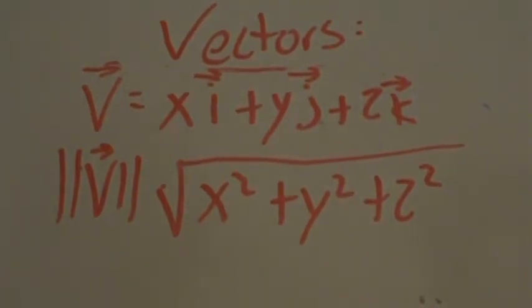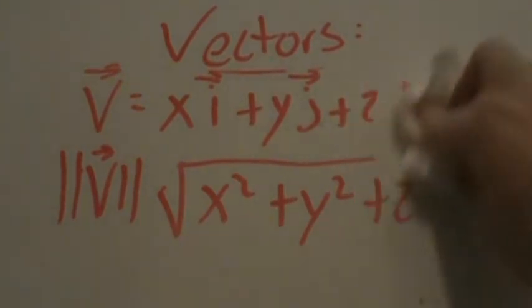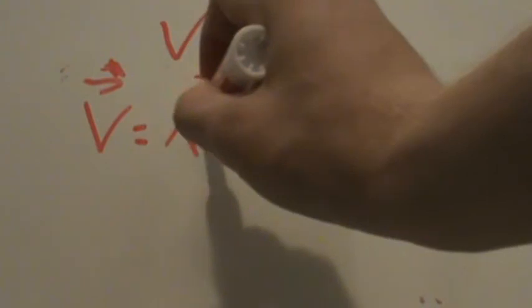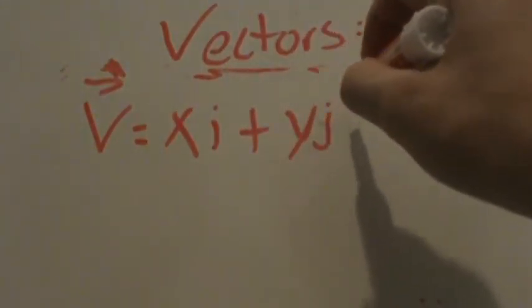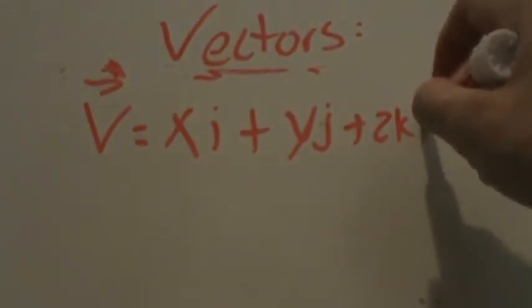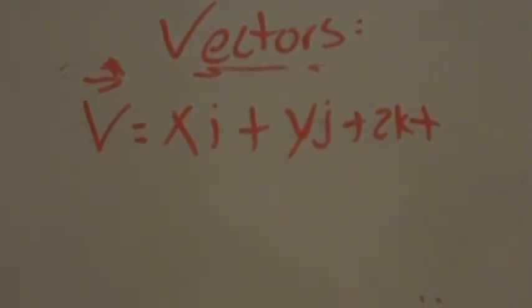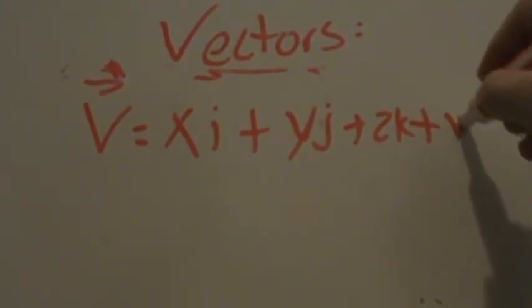Now, let me just quickly go over this. I'm sure you're thinking, okay, if I have a vector here, let's say I wanted to take it to 4 spaces, all I would have to do is write xi plus yj plus zk plus, let's just say, wn or something.